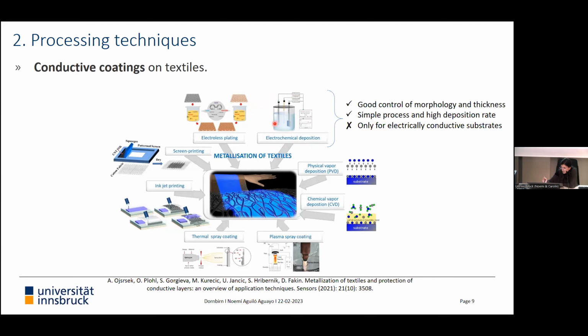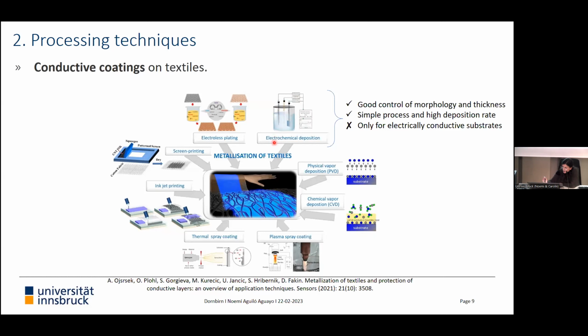We apply a certain current or voltage, and then some redox reactions will occur. The solution will contain the ions of the source material that we want to deposit, and then there will be some coating deposited on the substrate depending on the current and the conditions that we apply.